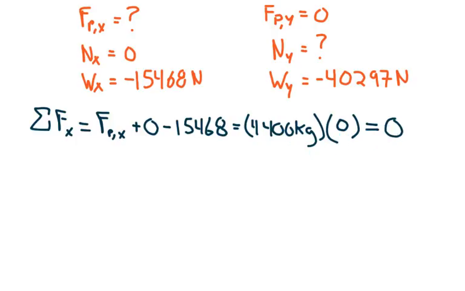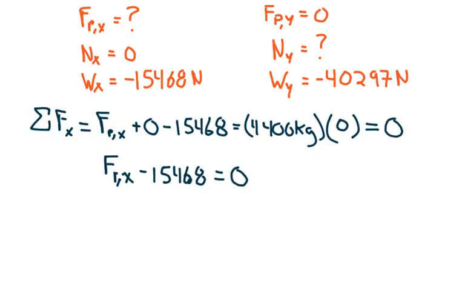So now we have a relatively simple problem to solve. We get Fpx plus 0 is just Fpx minus 15,468. Now remember, I'm not using the rounded number, I'm using that whole number from my calculator, is equal to 0.